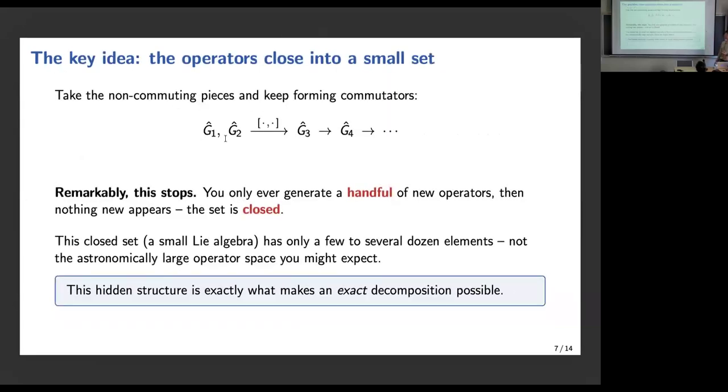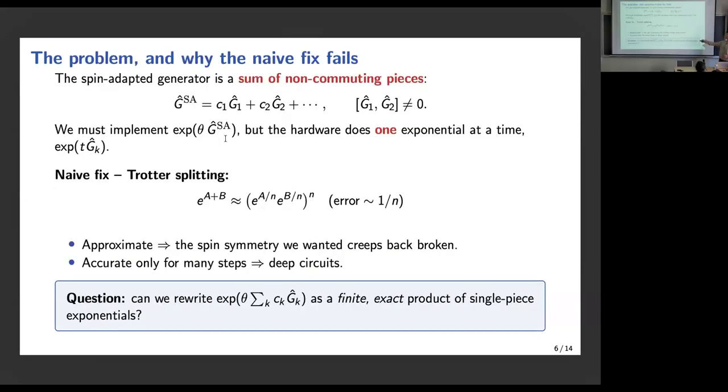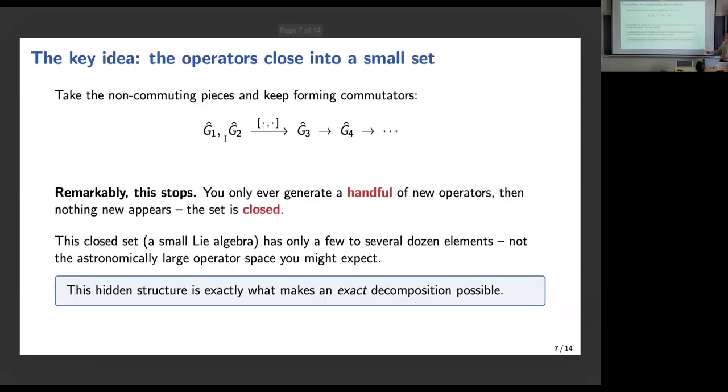Well, the key idea here is that you can take these individual pieces, the operators that you had in the decomposition back there, and you can keep forming commutators in a sense. And surprisingly, this stops. So once you calculate the commutator of G1 and G2, maybe you get a new operator, you're calling that G3. You're calculating a bunch of commutators of G3 with G1 and G2, and so on.